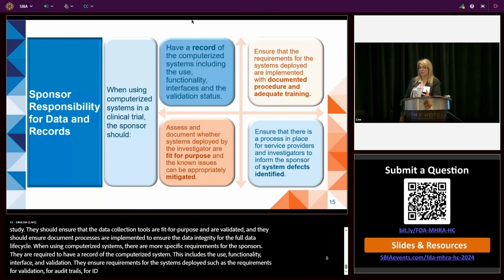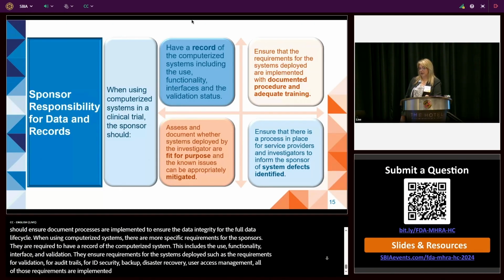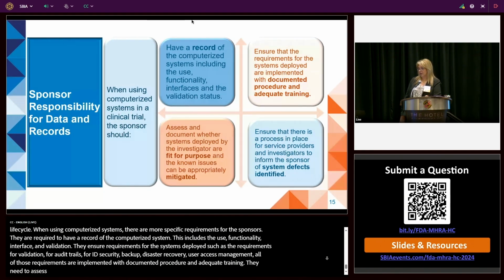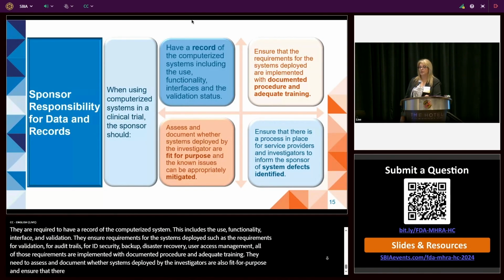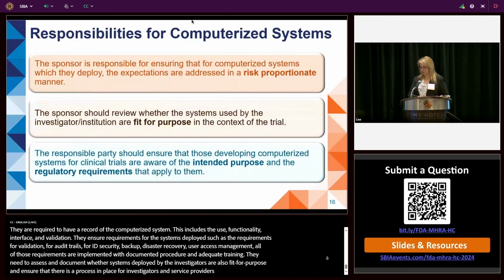All of those requirements are implemented with documented procedure and adequate training. They need to assess and document whether systems deployed by the investigators are also fit for purpose, and ensure that there's a process in place for investigators and service providers to be able to report to the sponsor if there are any defects with any of the systems being used.